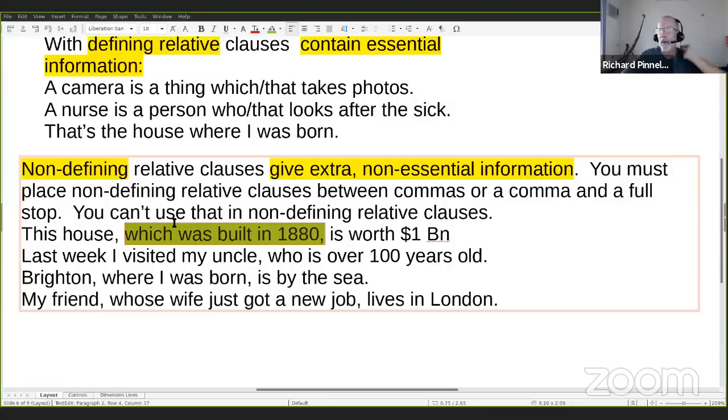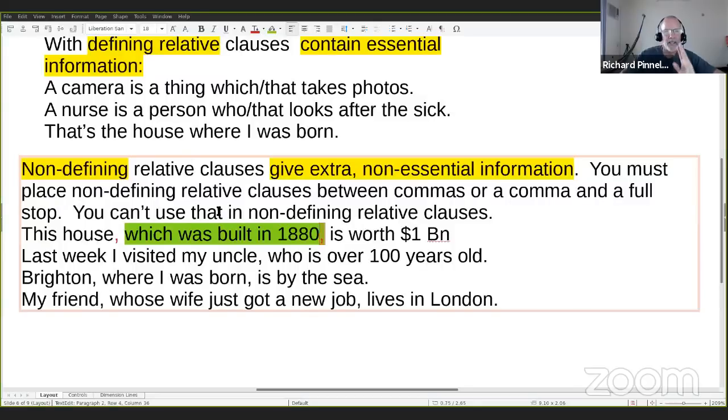If I remove that part, I can say this house is worth $1 billion. That is the essential information. This information here is additional information. So I need to put a comma here and a comma here. This is separated by commas. And these ones here, they don't contain any commas.